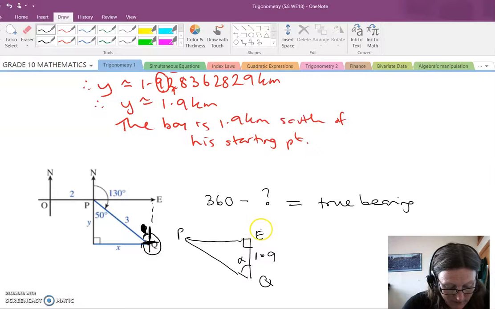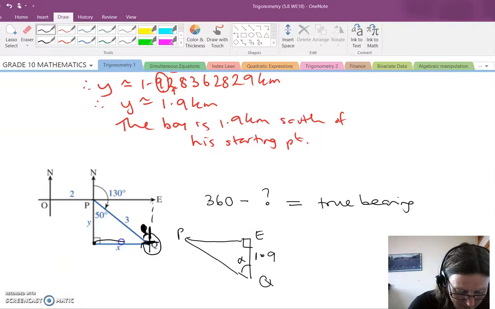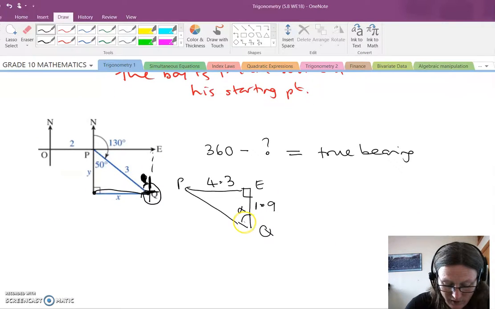I also found out this distance here, P to E, which was equivalent to this distance here. I found that out in the first question that I did, and that was 4.3. So I can find the angle alpha. I've got opposite and I've got adjacent. So it's the tan ratio.